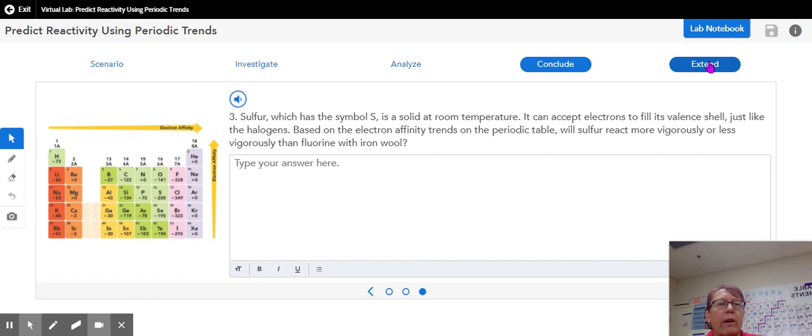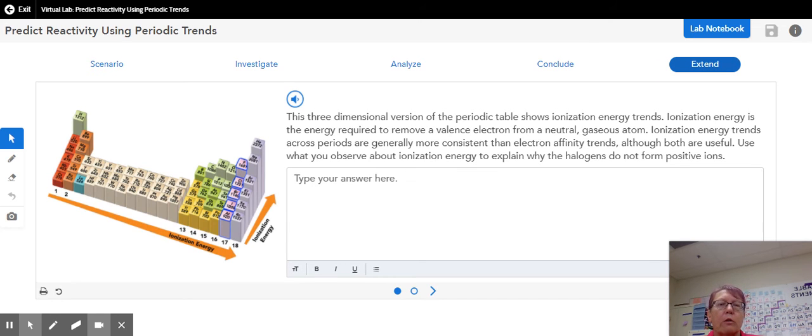All right, and then finally, we've gotten through our dots. We're going to go to extend. And it says, this three-dimensional version of the periodic table shows ionization energy trends. Ionization energy is the energy required to remove an electron from a neutral atom. Ionization trends across periods are generally more consistent than electron affinity trends, although both are useful.